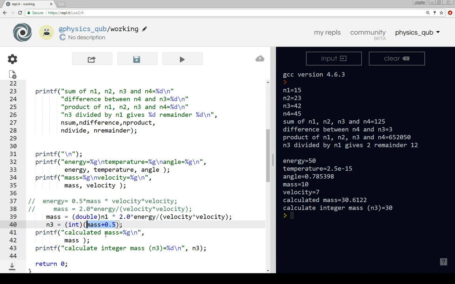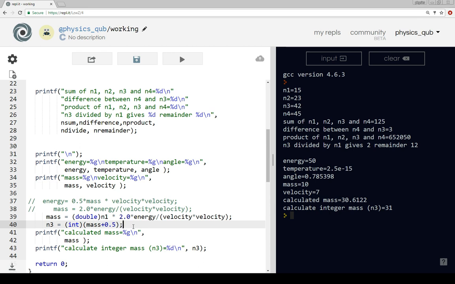So let's try that. Control Enter. Okay, so now it's given us the correct rounding up to 31, and it's also again converted it into an integer for us.